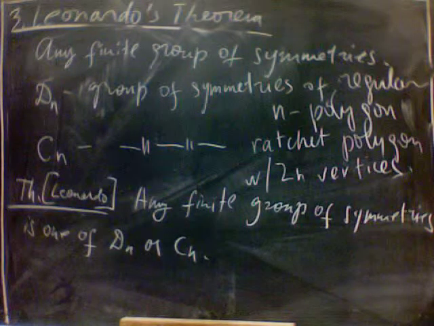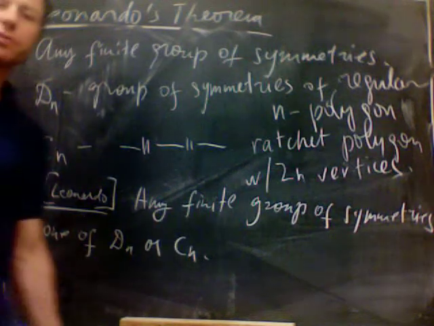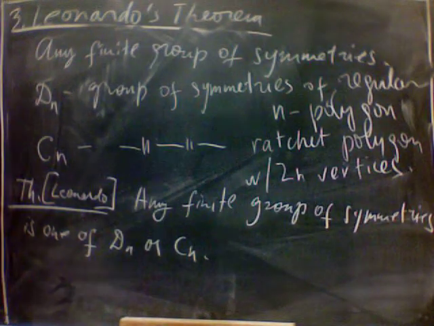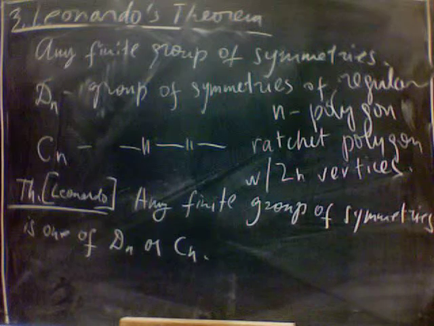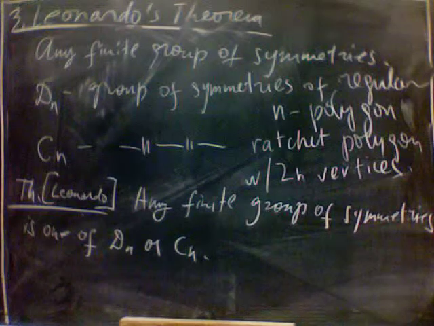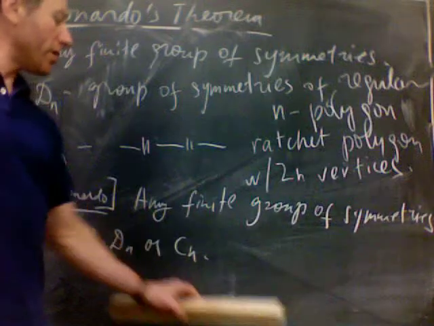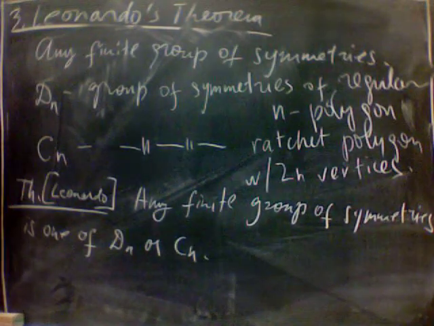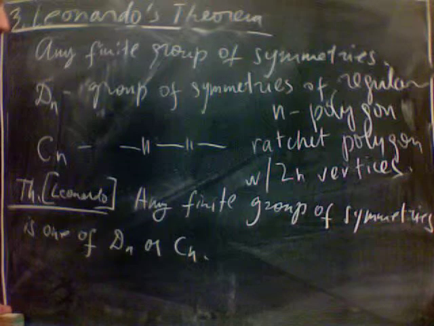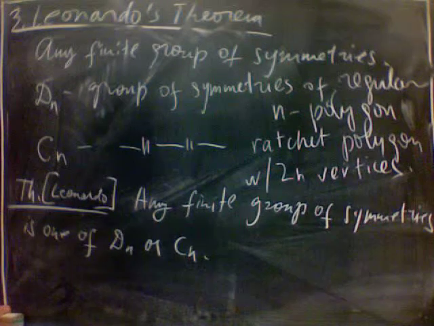So the proof will take us most of today's class, most of today's podcast, and we'll start with the case when our group of symmetries contains only even symmetries. So there are, of course, two kinds of symmetries we can rule out right away. What are they? Definitely, our group of symmetries cannot contain any translations. Why not?